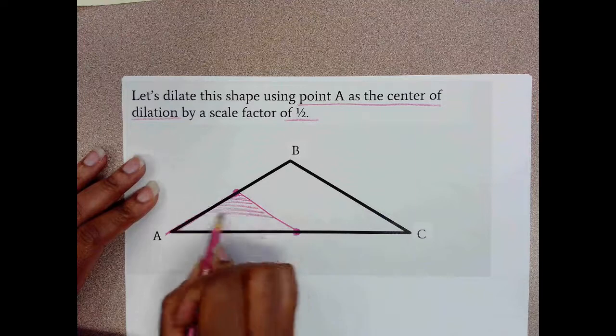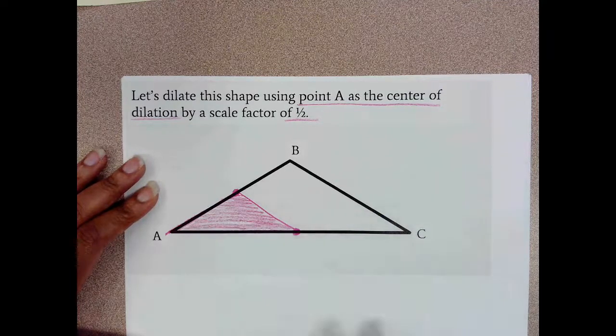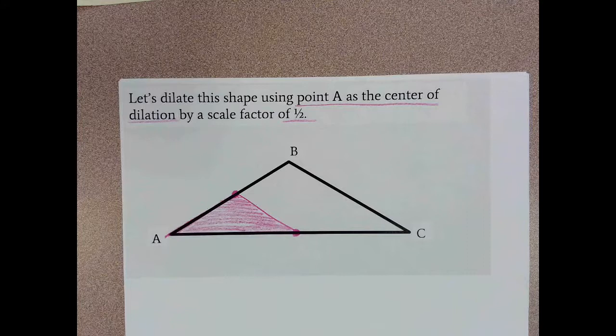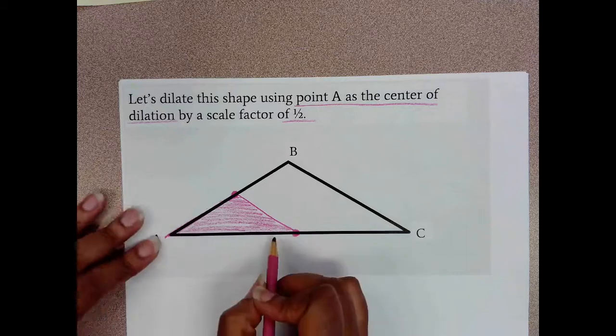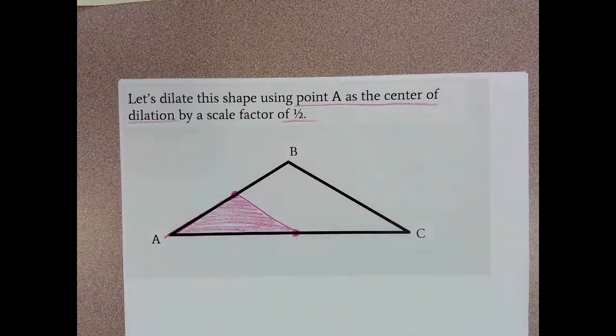And here, I have created my dilated shape using point A as my center and a dilation of 1/2. And as you can see, what ends up happening is I end up creating a triangle within a triangle, which is called an embedded shape.